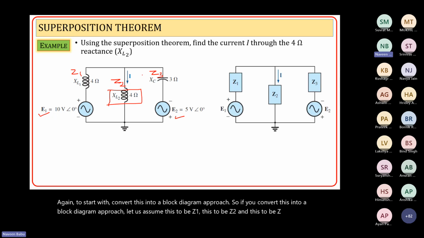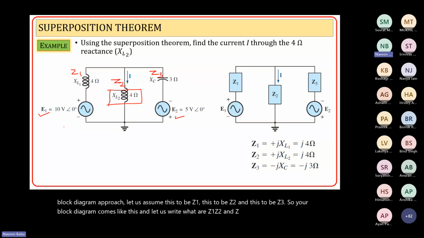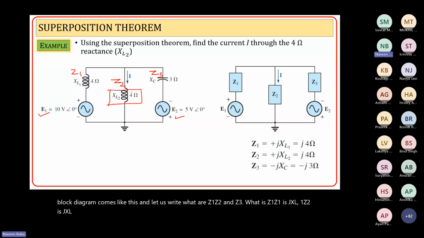So your block diagram comes like this. What is Z1? Z1 is jXL1. Z2 is jXL2. Z3 is j minus jXC, which is minus j3.